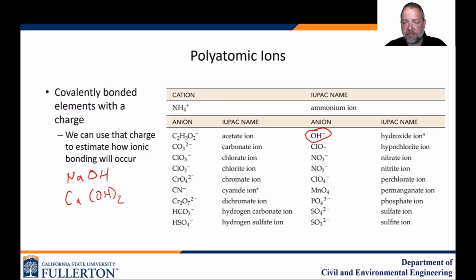And remember we talked about covalent compounds, you add the prefix. So you might think we would call this calcium dihydroxide, but generally speaking, it's not called that. It's just called calcium hydroxide.